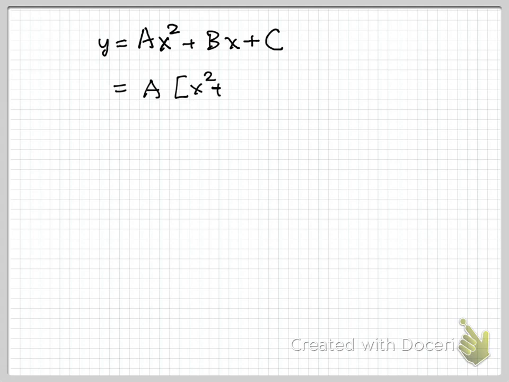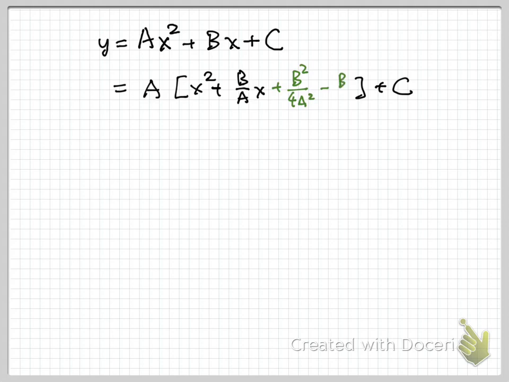Now in summary, the process of completing square goes like that. If you have a general quadratic like y is ax squared plus bx plus c, we can first take out the common factor a, that is x squared plus b over a x, and c. Now, the magic number in this case will be b over a divided by 2, that is b over 2a. Take the square, will be b squared over 4a squared.